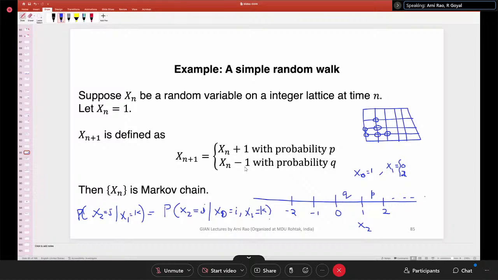So whatever the value of x0 is does not decide the location of x2. As I explained, you start the process with x0 equal to 1 as the initial value, and the next value could be 0 or 2.